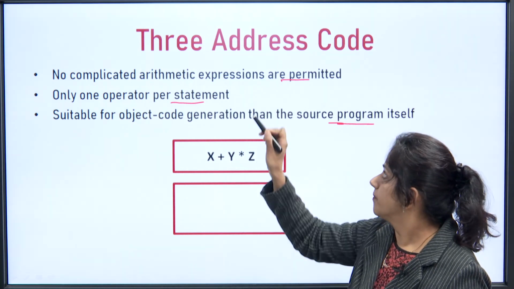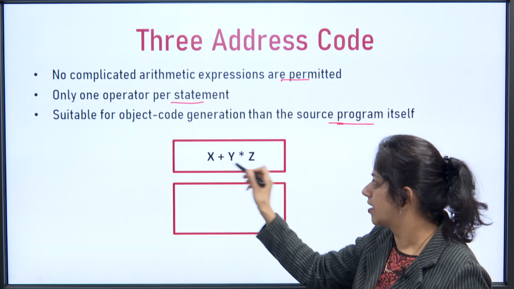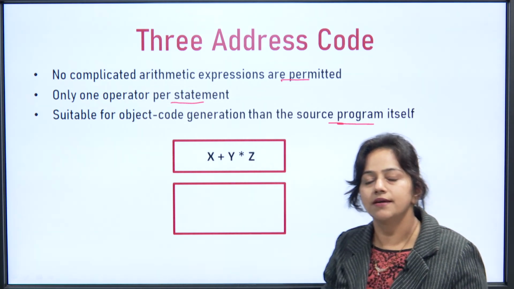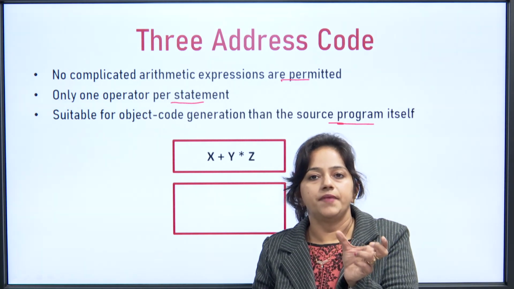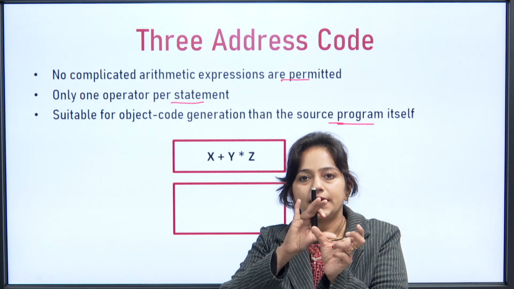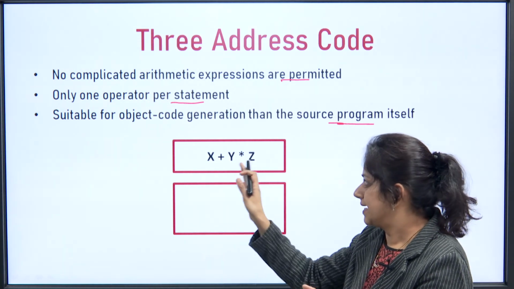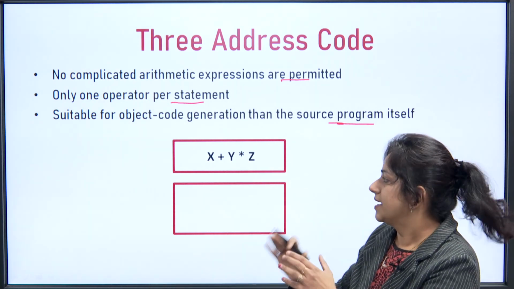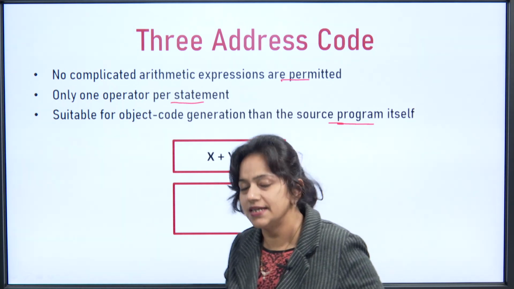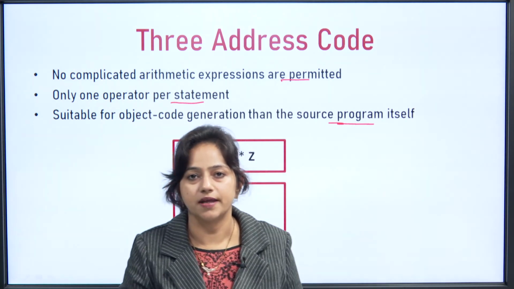This is not written in 3 address form, because apart from the assignment operator, a particular statement can have a maximum of 1 operator, but it is having 2 operators. So, we can simplify it by using compiler generated temporary variables.